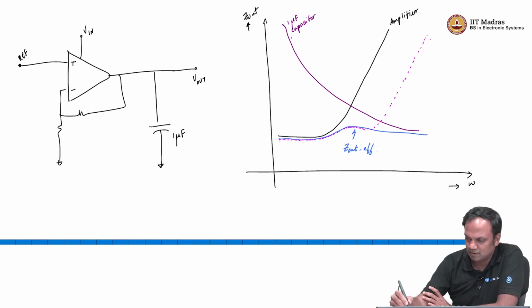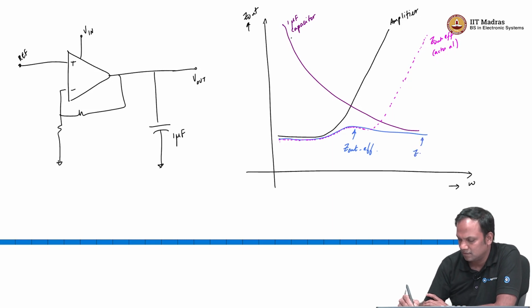So this is Z out effective actual, and this is Z out effective expected.